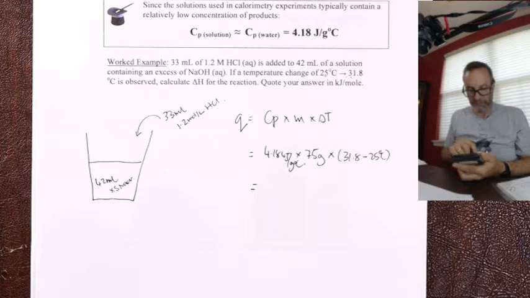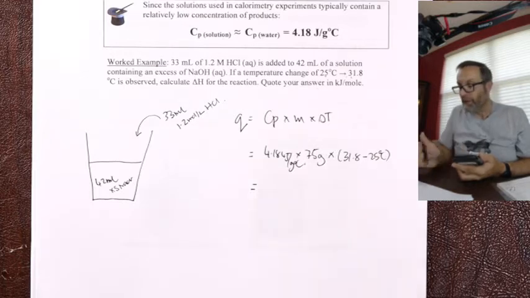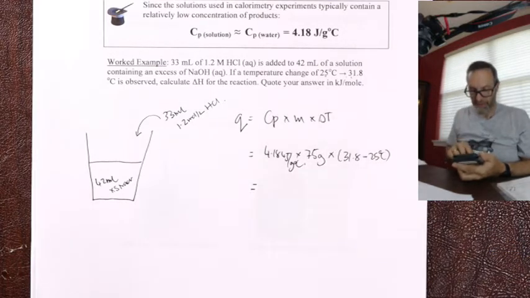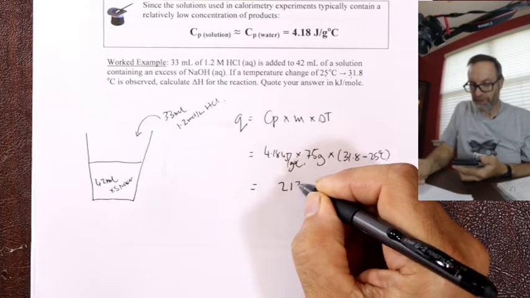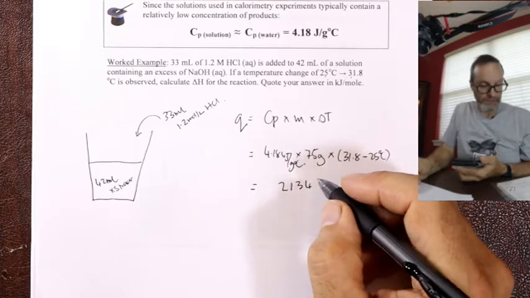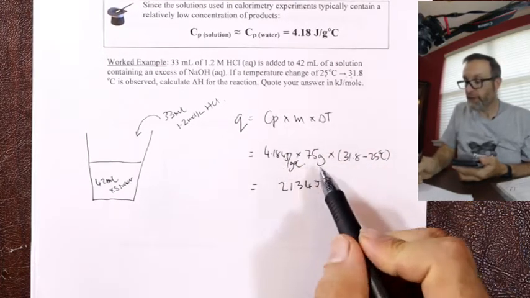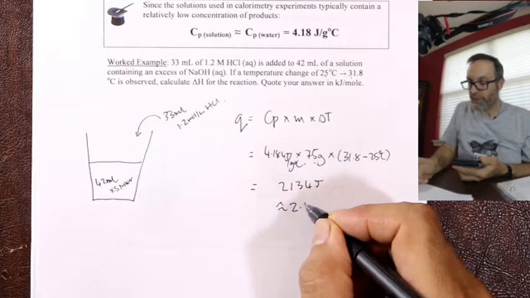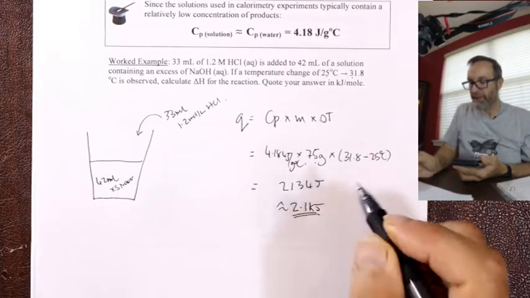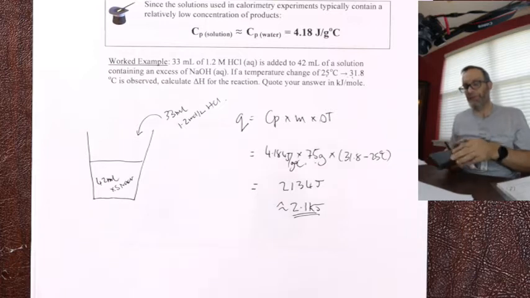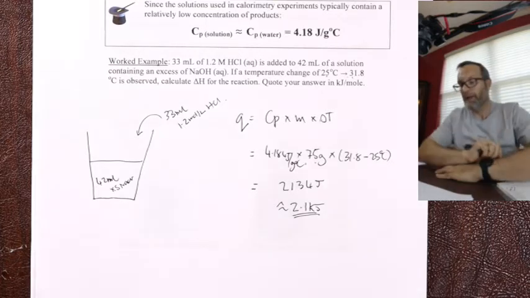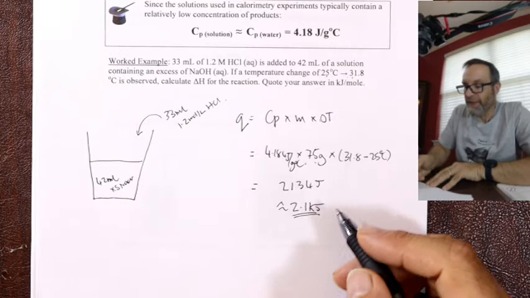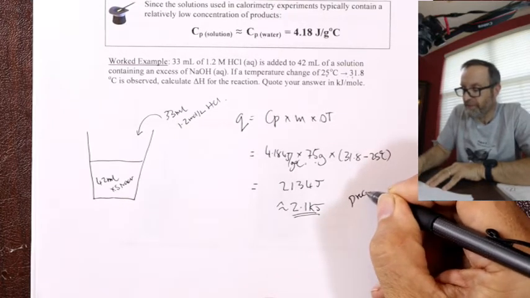So 4.184 times 75 times, well that's going to be 6.8. 6.8 equals 2,134 joules, 2 sig figs, 2.1 kilojoules. Hopefully you're at the point now where converting kilojoules to joules and back again is easy. Okay, kilojoules. That's for the process itself.